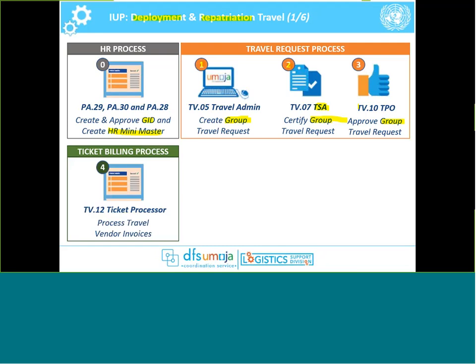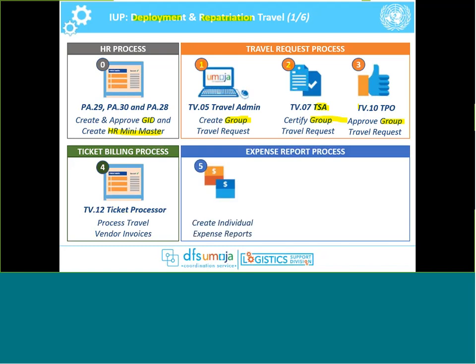For example, the vendor will send the invoices to pay for each ticket, because each traveler will have their own ticket, and even the shipments and the expense report will be managed individually for each traveler, for each uniformed personnel.